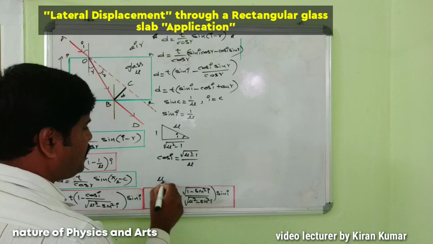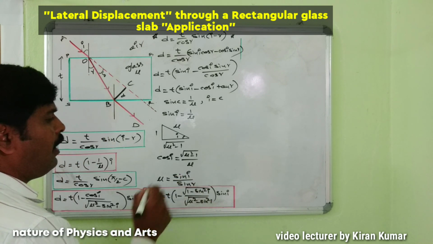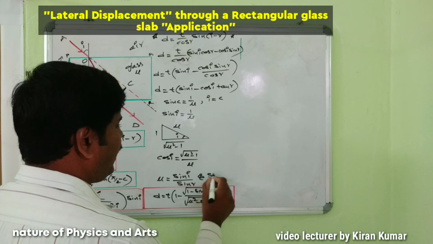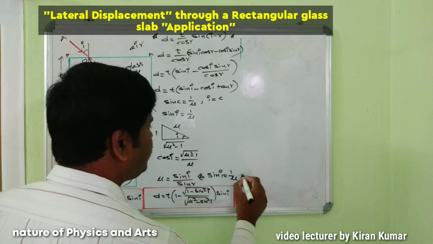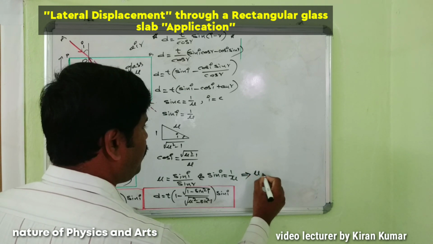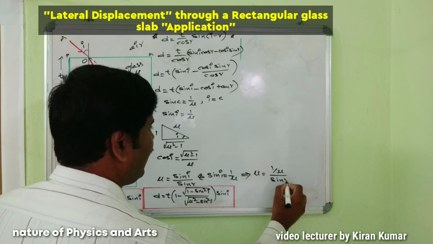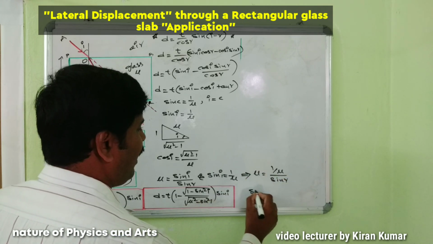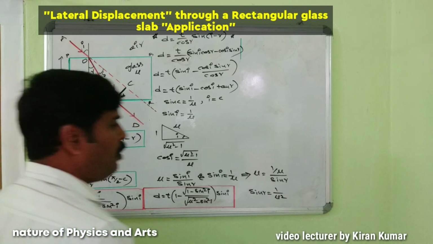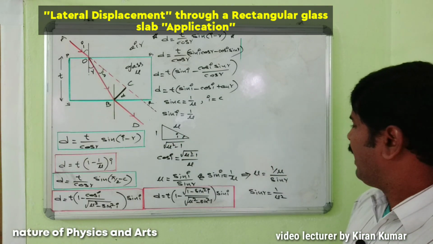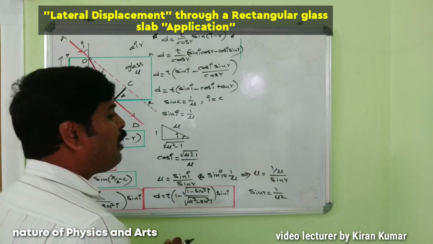See now, mu is equal to sin i divided by sin r. Try to understand. In this equation, we are writing sin i equal to 1 by mu, and the resultant equation is mu equal to (1 by mu) divided by sin r. So now sin r is equal to 1 by mu square. We got the sin r value, which is equal to 1 by mu square. Again, based on the refracted angle, we can find the cos value also.